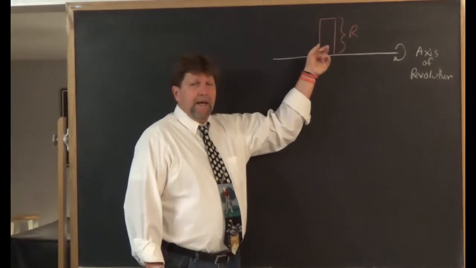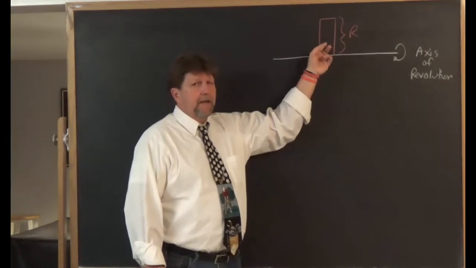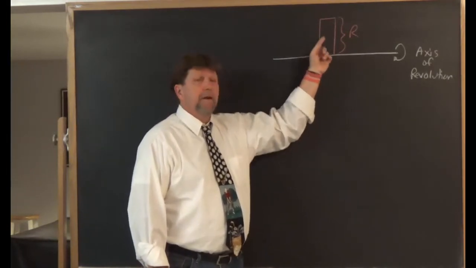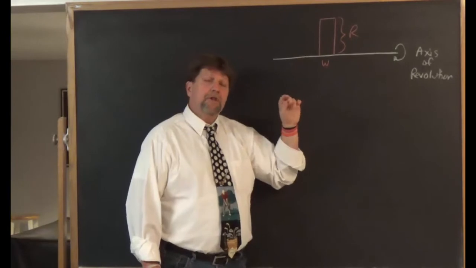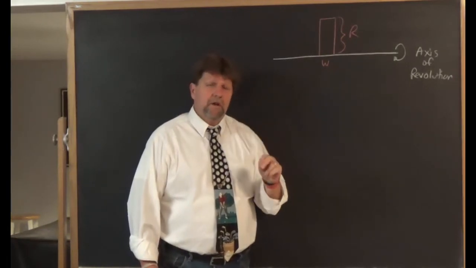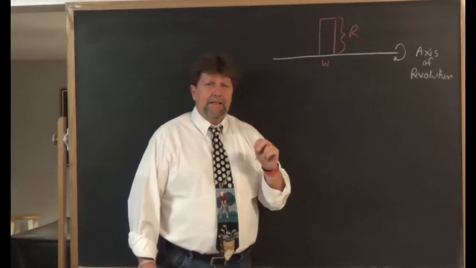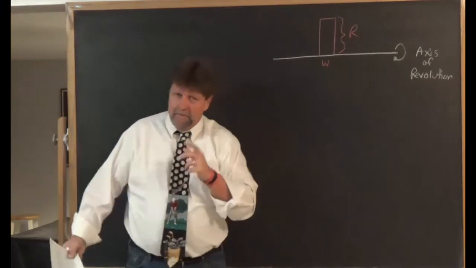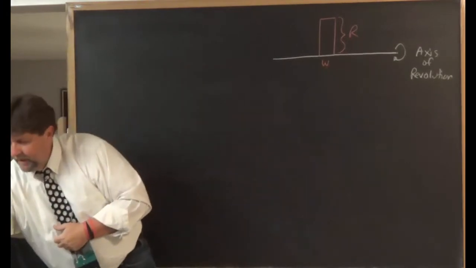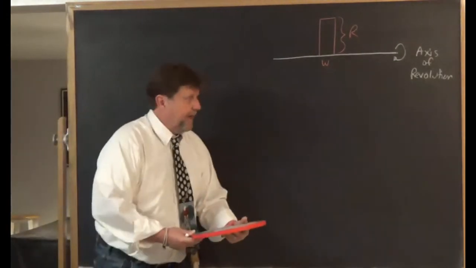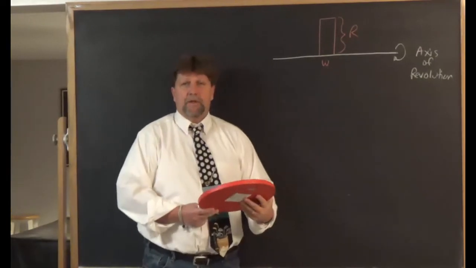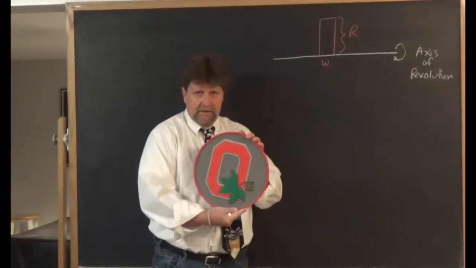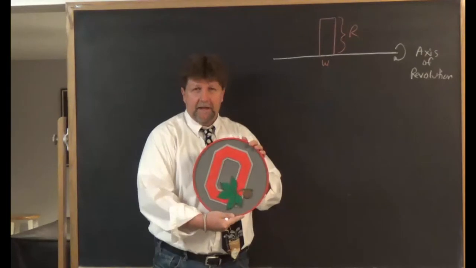When this one rectangle gets revolved around this axis of revolution, it produces what is called a disk. Here's what a disk looks like. It's the closest thing I have to what a disk would look like. No surprise, Ohio State paraphernalia.